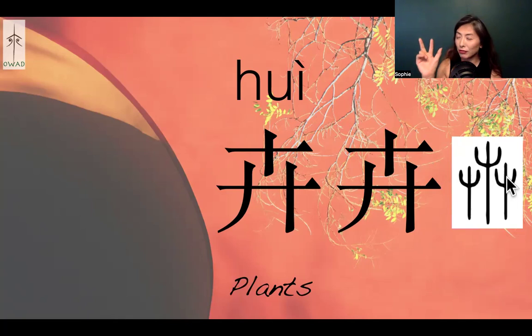Like a fork. Not exactly a fork, like a trident, right? It's 3 things. It's not a weaponry. It's a plant. Leaves reaching up toward the sky, the sun. That's a natural observation of plants by humans, and Chinese captured that as plants.